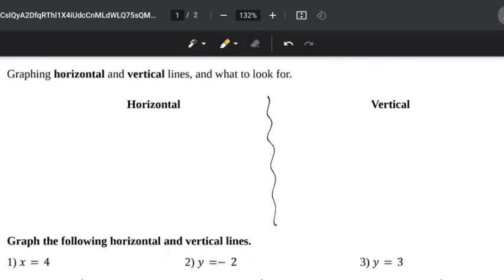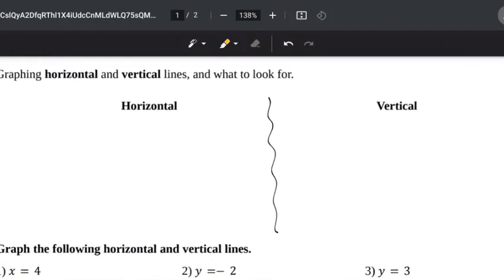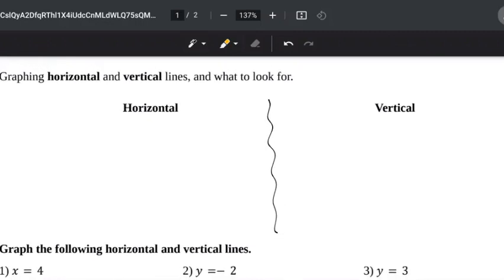Okay, so graphing horizontal and vertical lines and what to look for. So just a quick set of reminders here. Horizontal lines, we have equations that are y equals some number. A horizontal line goes across from left to right with arrows.